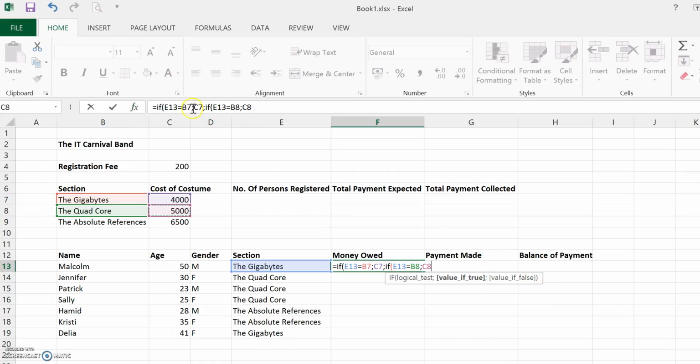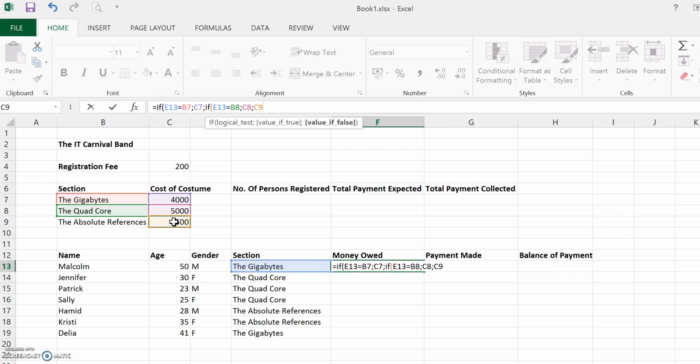For the first IF, I checked if they were in the gigabytes, that's B7, then the cost of their costume is $4,000. If they were in the quad core in B8, then the cost of their costume is $5,000, which is in C8. Now, if they are not in the gigabytes and they are not in the quad core, it must mean they are in the absolute references, in which case the cost of their costume will be referenced in the cell C9.